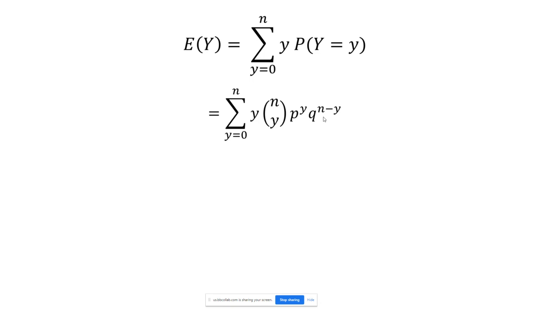So now we know we're dealing with the binomial distribution. So our goal here is going to be to use algebra combined with facts about probability to try to rearrange this right-hand side to get it to look like n times p.